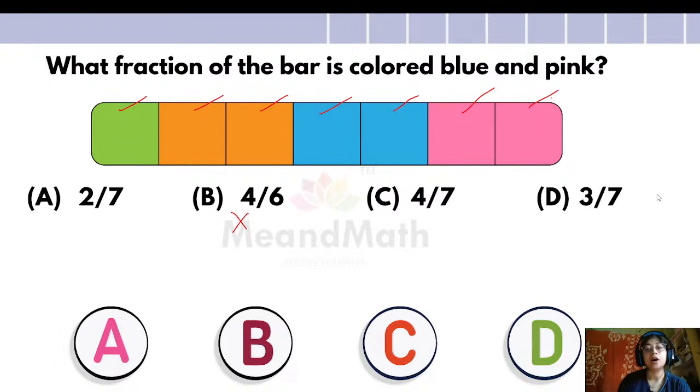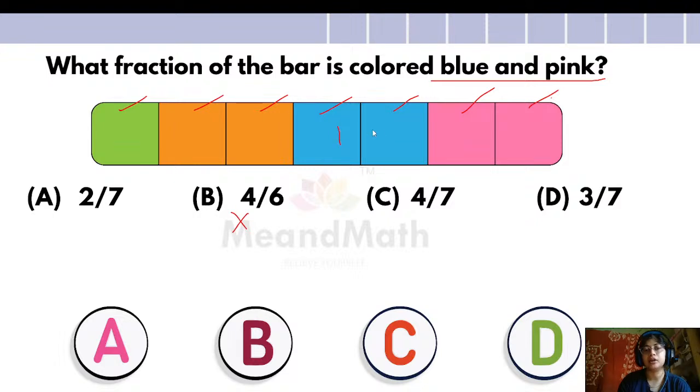Now we have to check what is going to be our numerator, right? For that, we have to focus on what the question is asking. It is telling us to find the fraction which is blue and pink. So how many parts of this bar, how many parts out of the 7 parts are colored blue and pink?